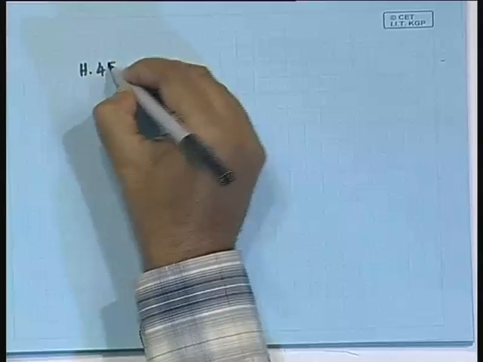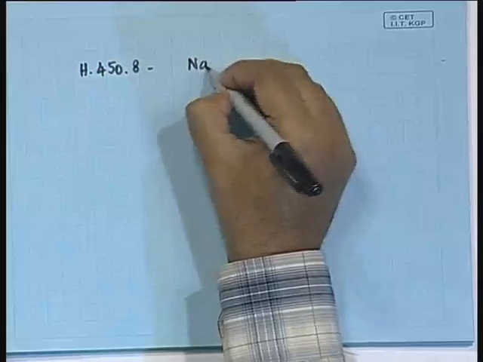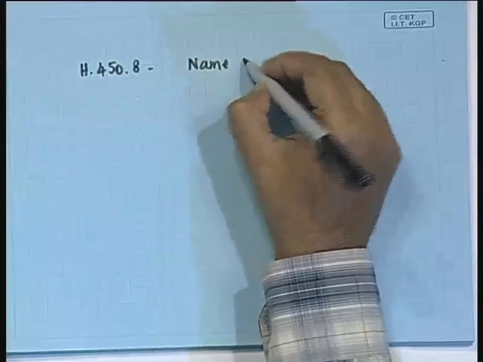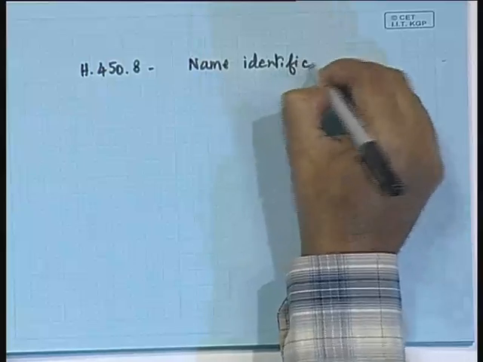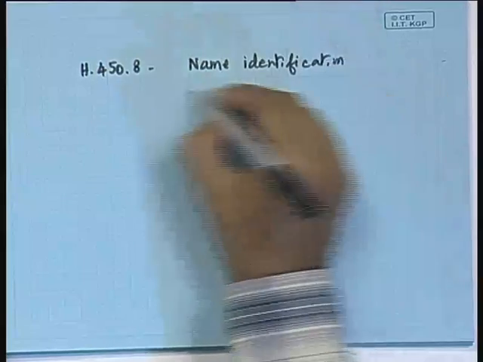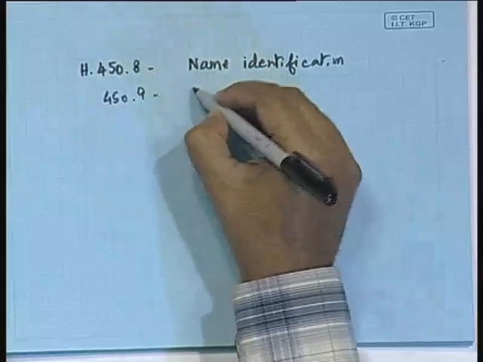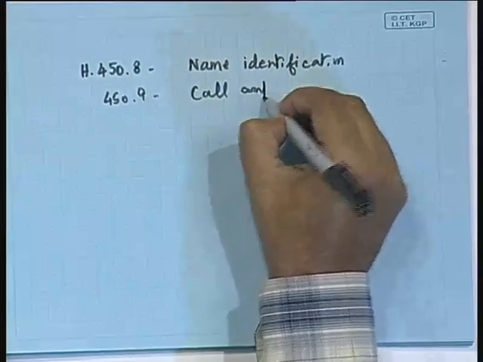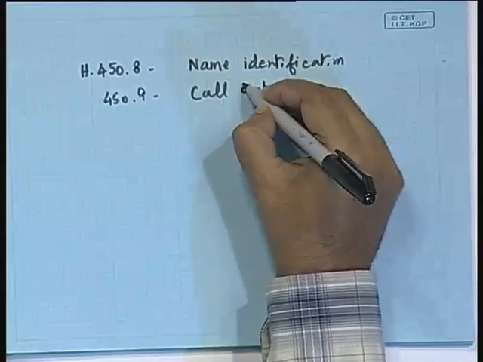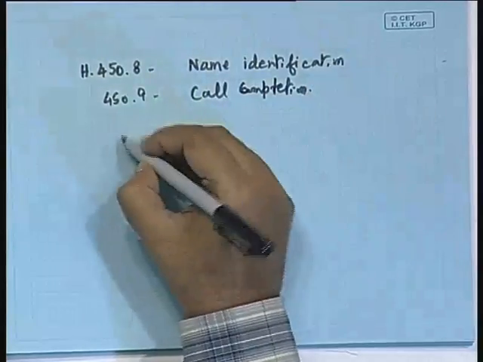So, in H.450.8 we have the name identification, and H.450.9 addresses the call completion.